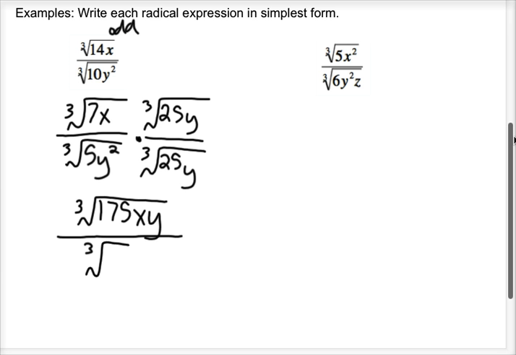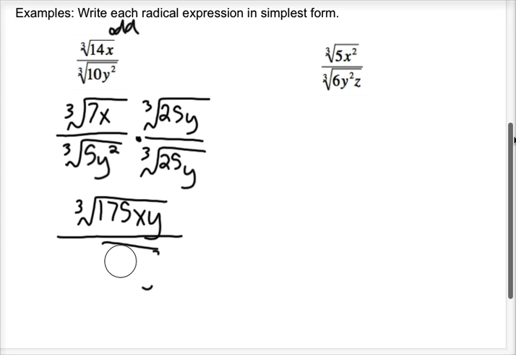On the bottom, when you multiply those, 5 times 25 is 125. Y squared times y is y cubed. And again, the goal is the fact that that bottom piece completely comes outside of the radical. Okay, because the cubed root of 125 is just 5.